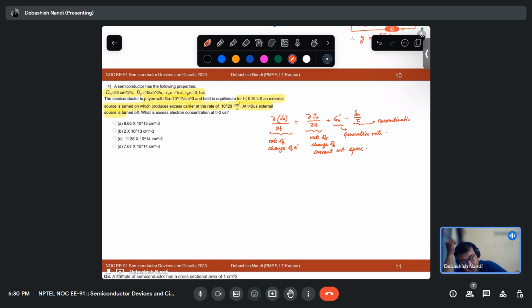This equation is called the continuity equation, the continuity equation for electrons. So have you read this thing?